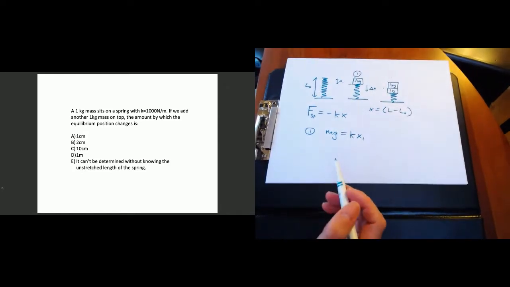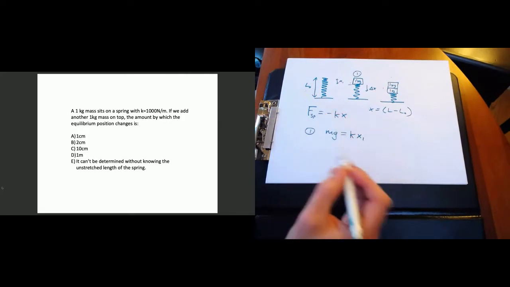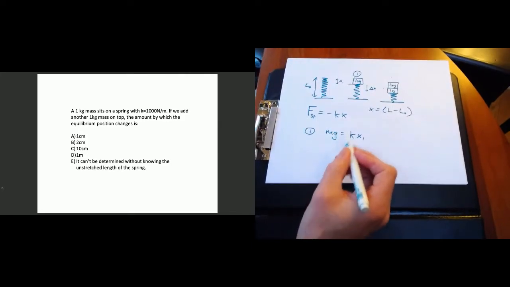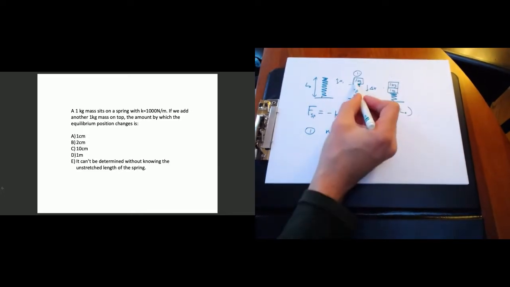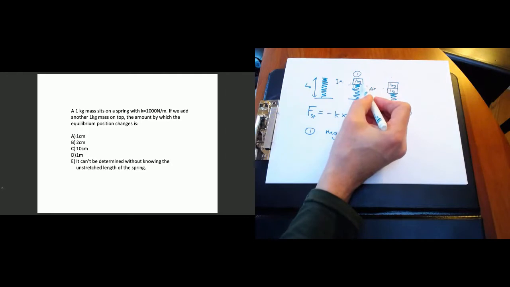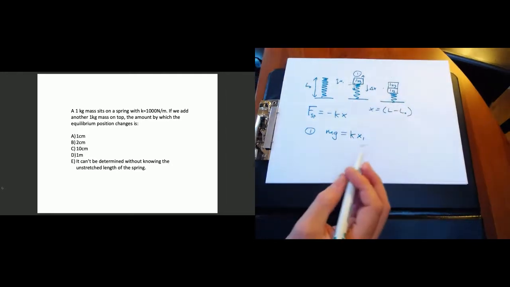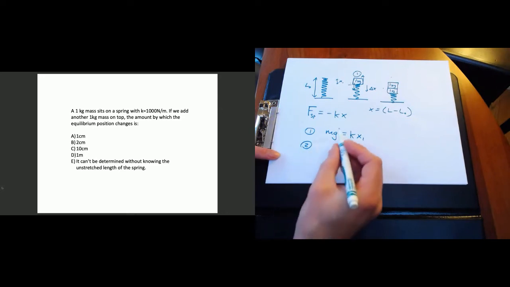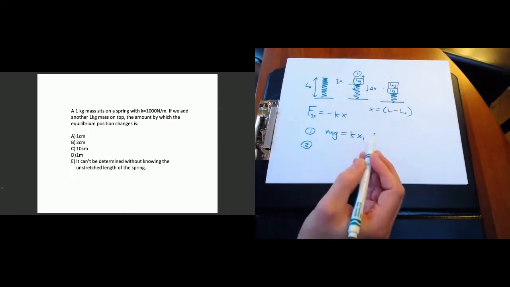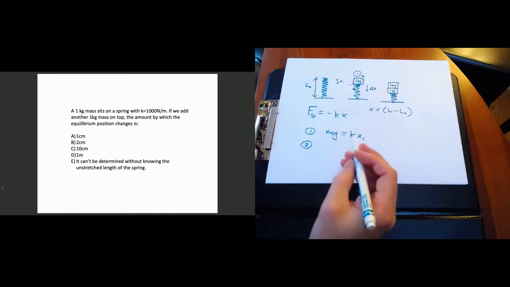Okay. So we don't really know what L0 is, we don't really know what x1 is, but we can say that in this equilibrium position here, mg, the downward force on this mass, is equal to kx1, which is the upward force due to the spring. And similarly, actually I should call this m1g, where m1 is the 1 kilogram.